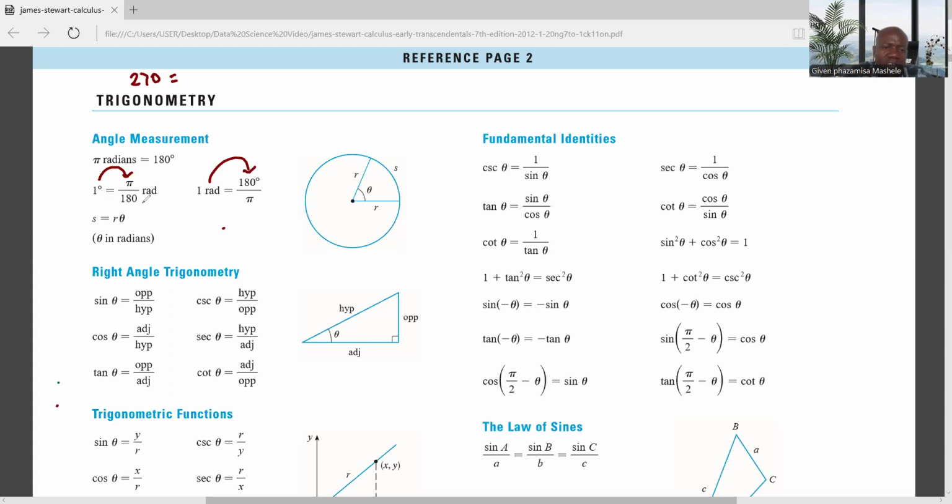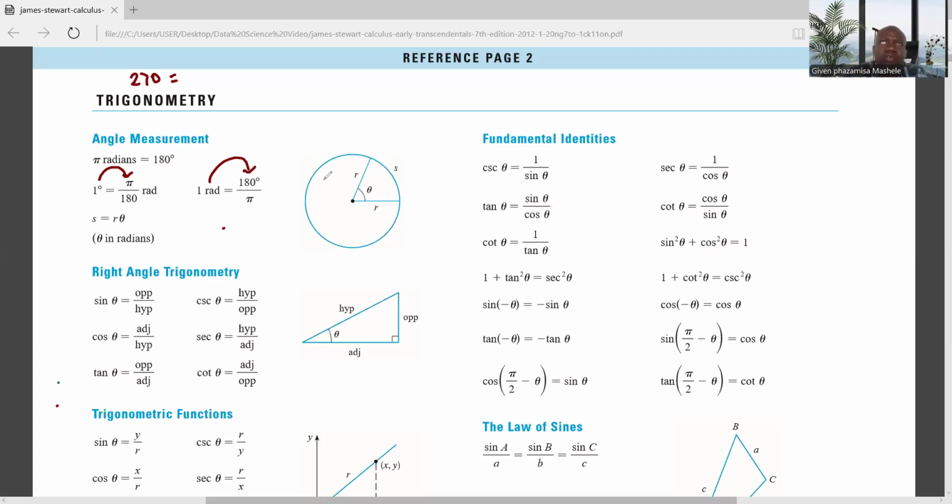Remember, 1 degree is the same as pi over 180, because pi is just 180 degrees. So in radians, 1 degree is just pi over 180. It's very important for you to know that.